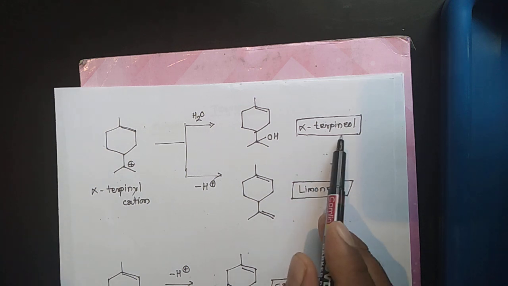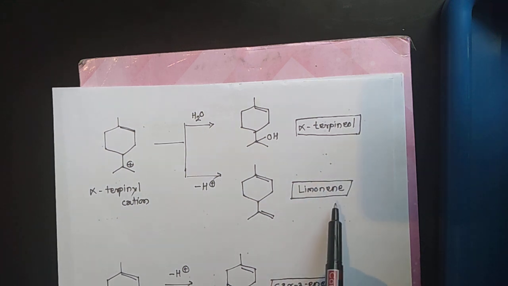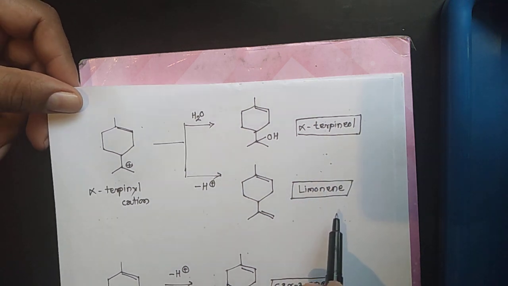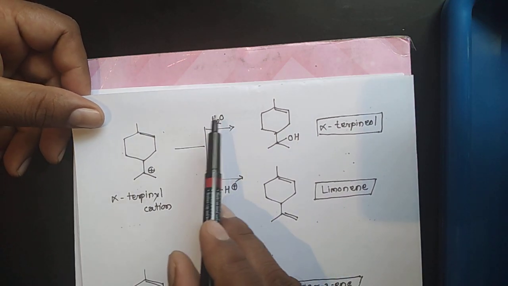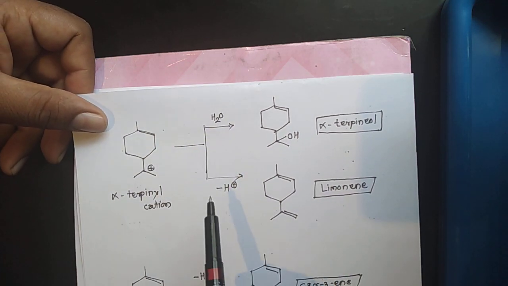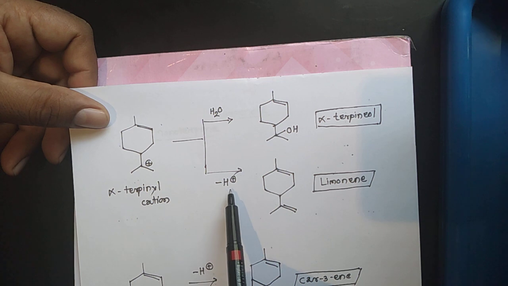Using this alpha terpineol cation we have prepared these two terpenoids, one is alpha terpineol, another is limonene. Very simple methods, only the hydration and the removal of a hydrogen atom.